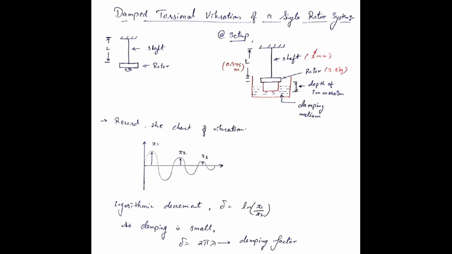The logarithmic decrement is denoted by delta and can be calculated by the equation ln x1 by x2, where ln is the natural log and x1 by x2 is a ratio where x1 is the amplitude of the first vibration and x2 is that of the second vibration. Now, as there is no instantaneous damping, that is, the amount of resistance is low, the equation for damping factor would be delta by 2 pi. The damping factor is denoted by lambda.